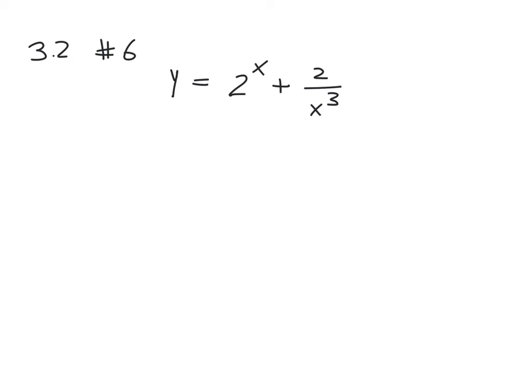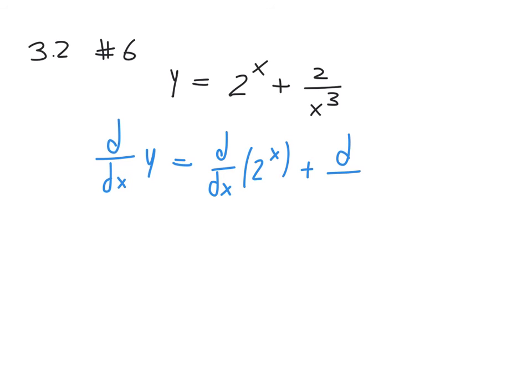Okay, so let's just do this. So d over dx of y is derivative of this, so d dx of 2 to the x plus d dx of 2 over x to the third.